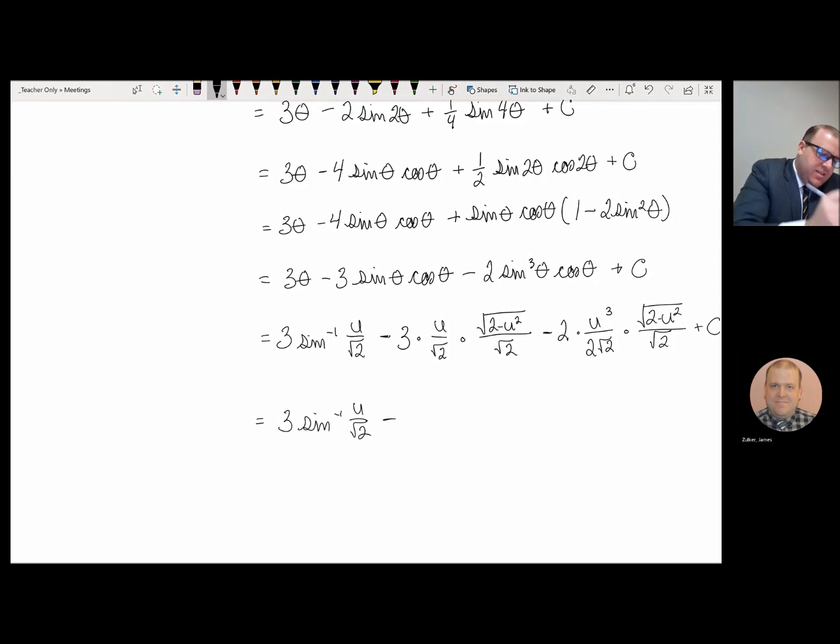Simplify everything. Root 2 times root 2 is 2. Two cancels out.